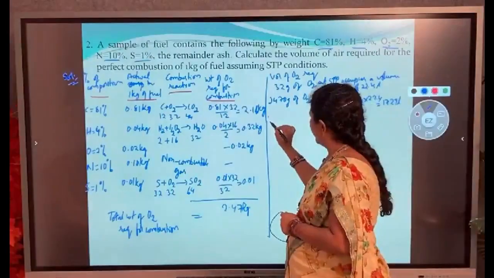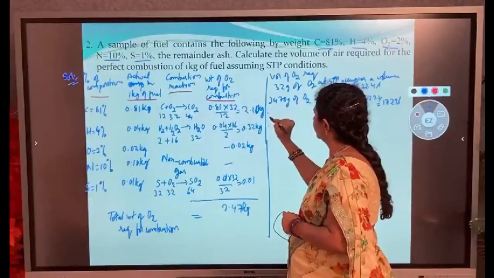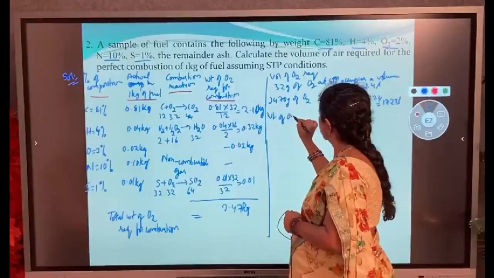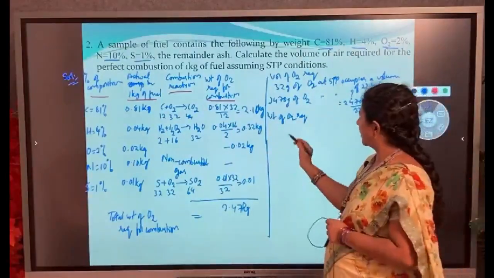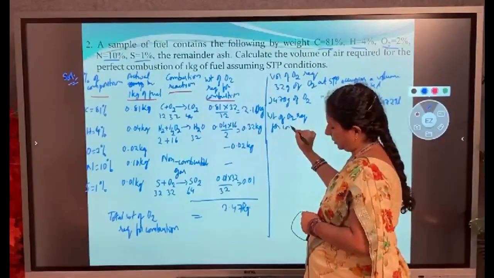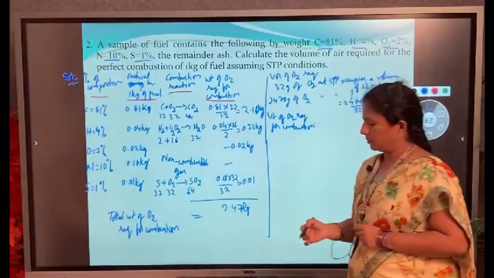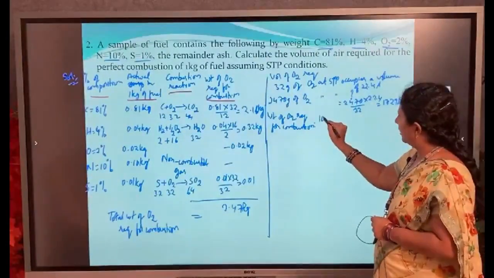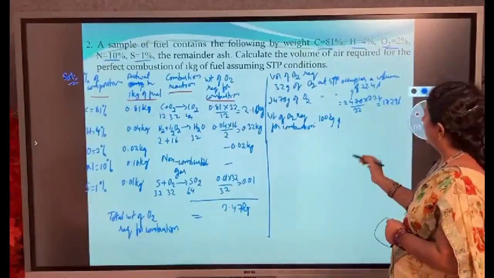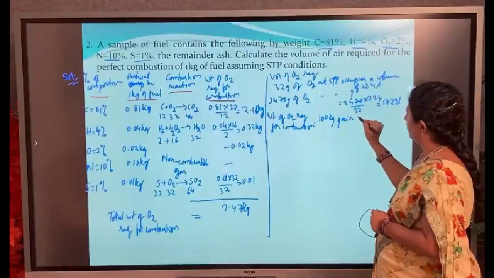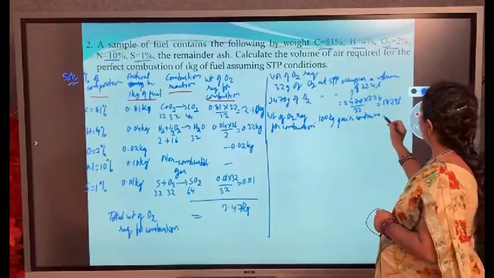Next, weight of air required for combustion. As we had already discussed, 100 kg of air contains 23 kg of oxygen.